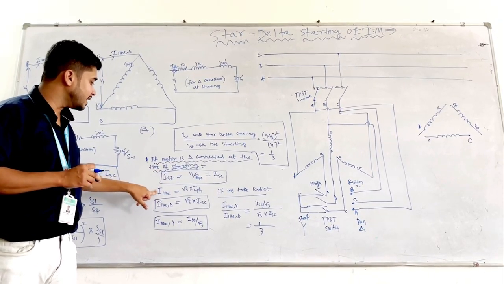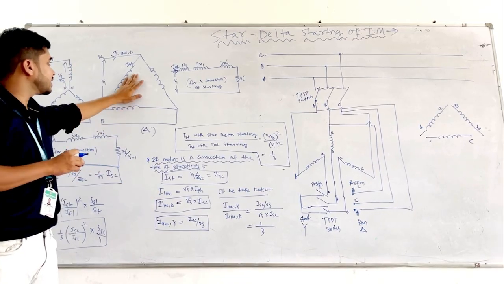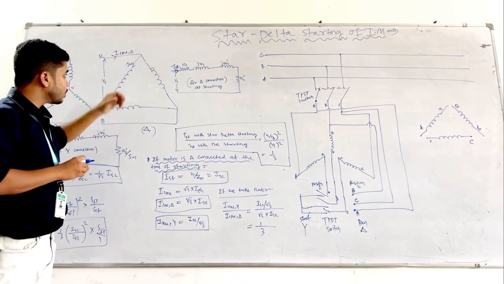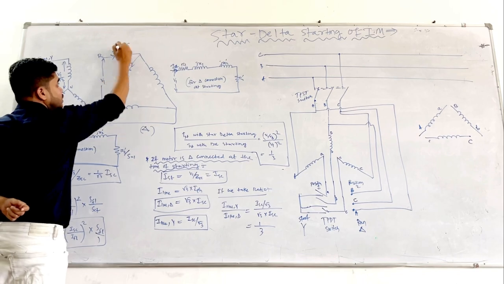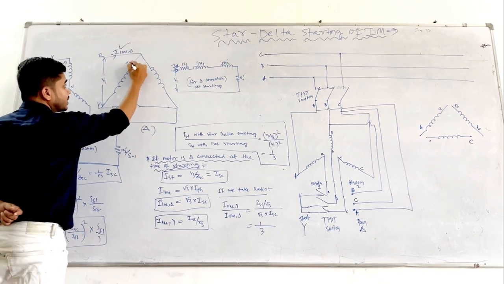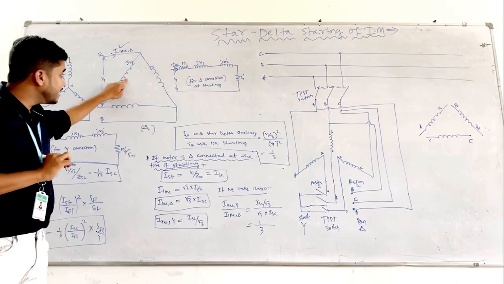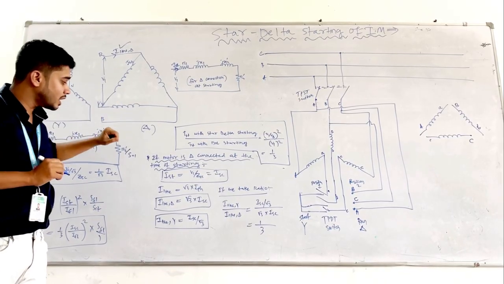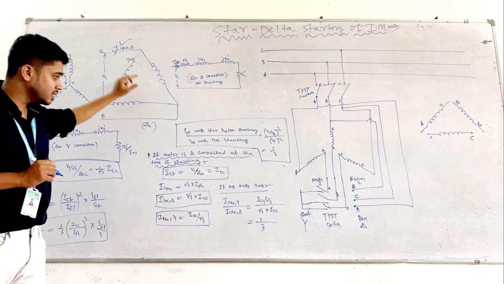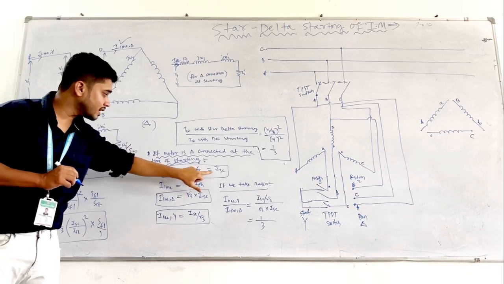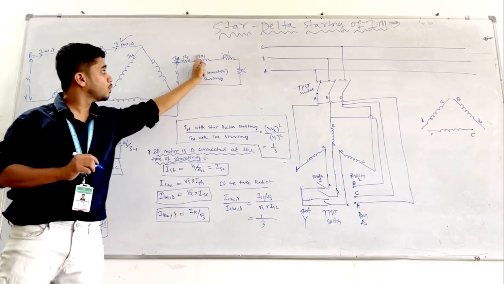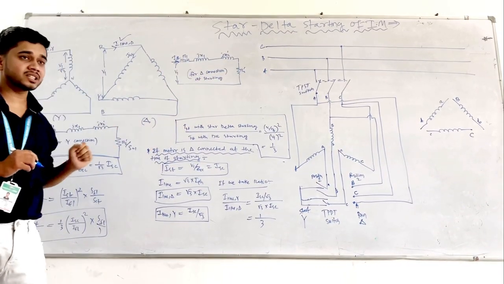Next, line current. What is the line current in case of delta connection? This is the delta connection. Your line current is this one, and this one is my phase current. Winding में कितना करंट फ्लो कर रहा है बताओ? ISC. Here I have told you, starting current is equal to ISC. That means the winding current is ISC.